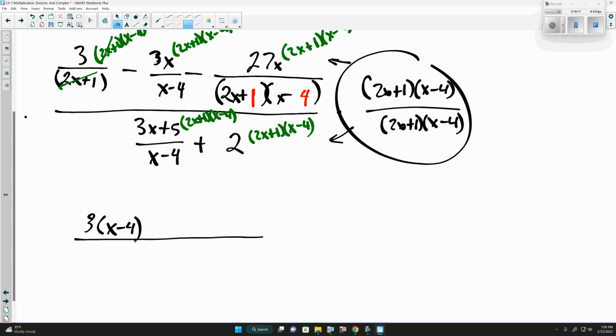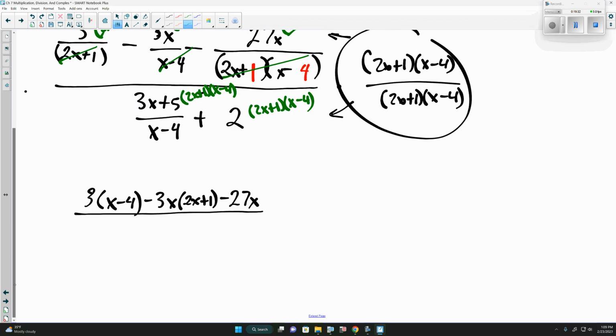The middle one, the x minus 4 and x minus 4 will cancel, leaving us with negative 3x times 2x plus 1 minus, because both of these will cancel out. Now the denominator, x minus 4 and x minus 4 will cancel, leaving us with 3x plus 5 times 2x plus 1.